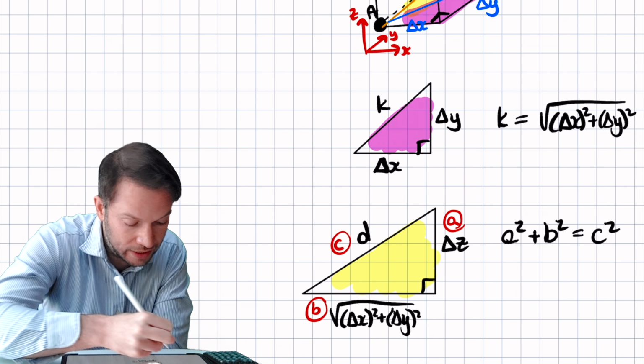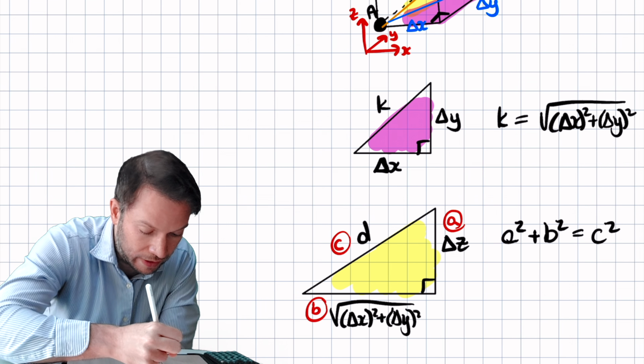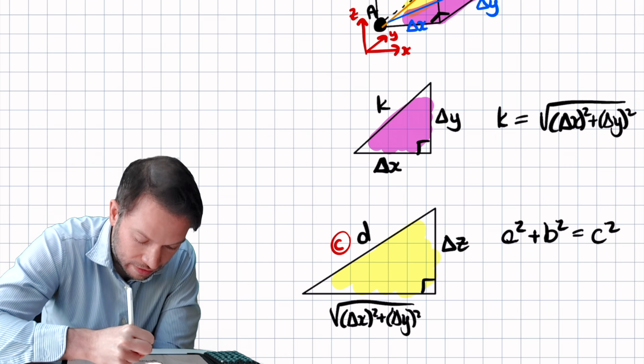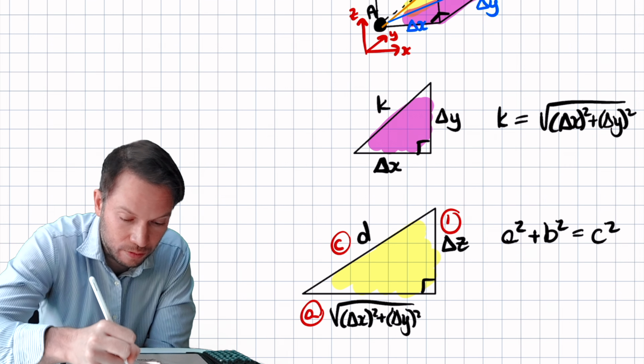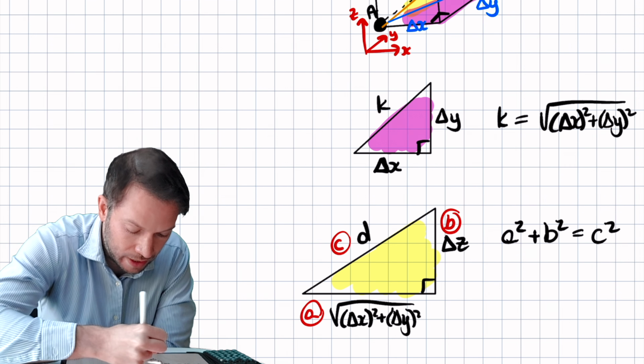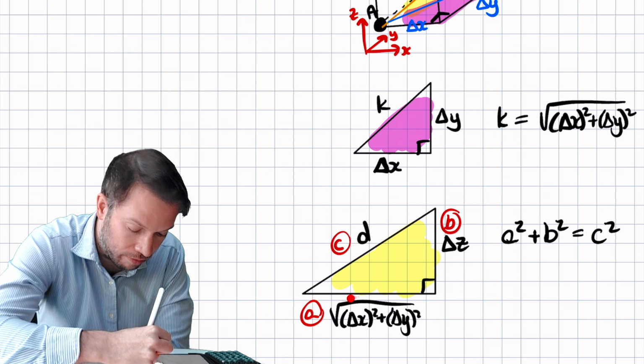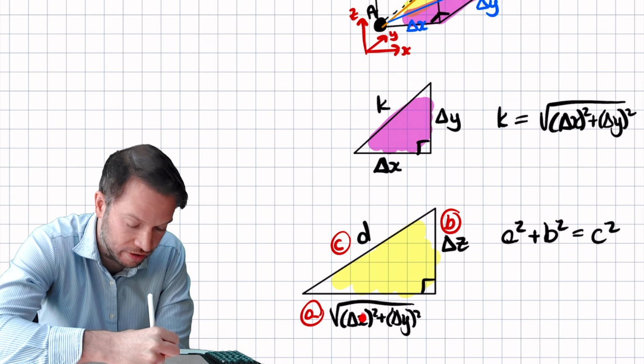Now, let's label these the other way around, sorry. You'll see why. So I'm going to make this A and this B. Then A squared is going to be this whole thing squared. Now, the squaring it gets rid of the square root. So you're just left with the change in x squared plus the change in y squared.